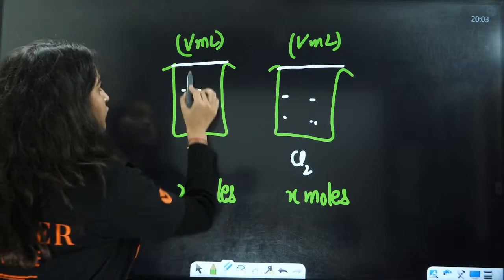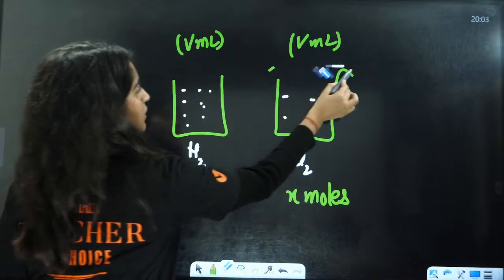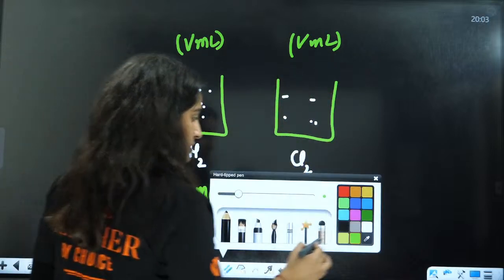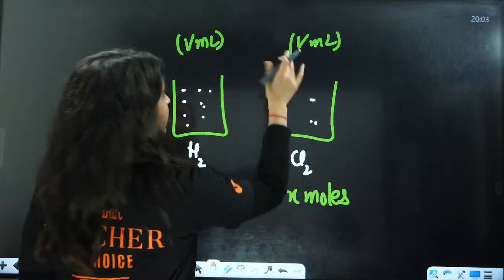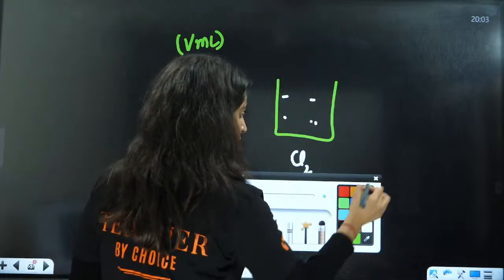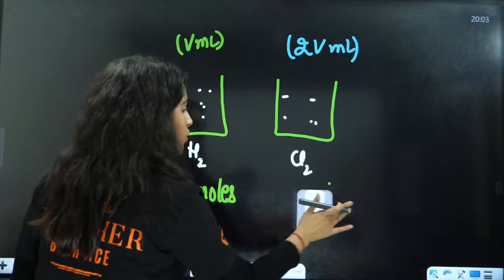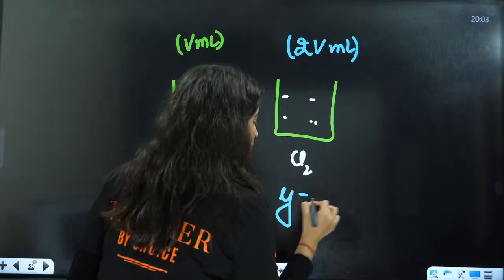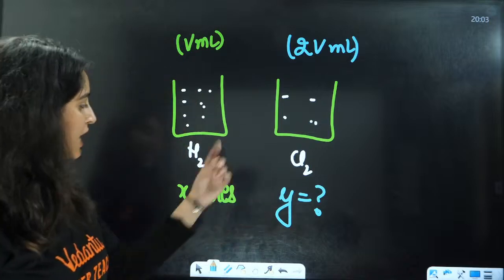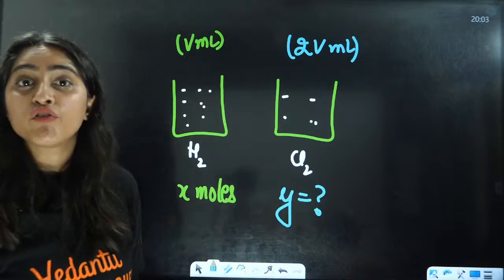Or we can say, if the volume here is V and this is 2V milliliter, what is the value of y? If it is having x moles, what is the value of y?